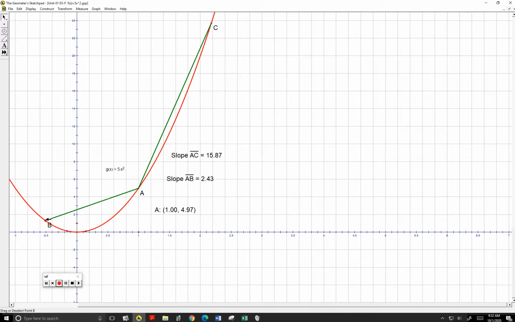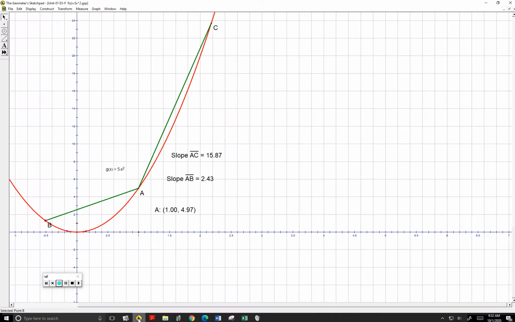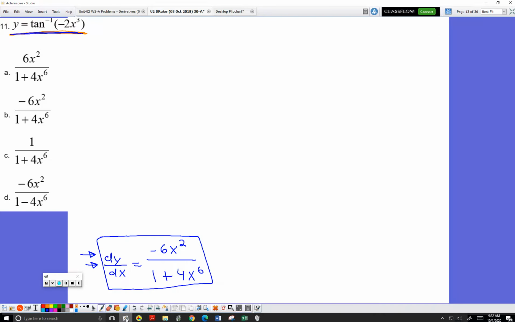The rules make it possible to, instead of going point by point and finding the slope, find a formula that will do the same thing. So this formula will find the slope at any point on this function. It doesn't seem like we're doing the same thing. Here we're doing secant slopes. Here we're just using formulas. But it really is exactly the same thing.